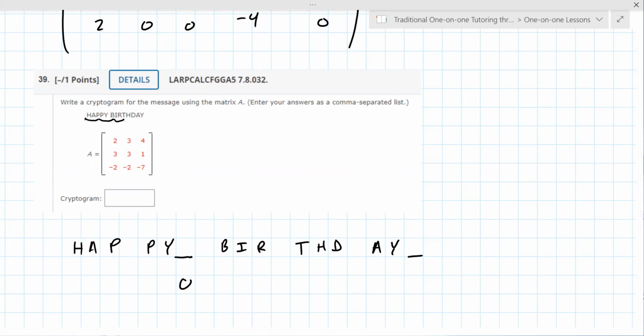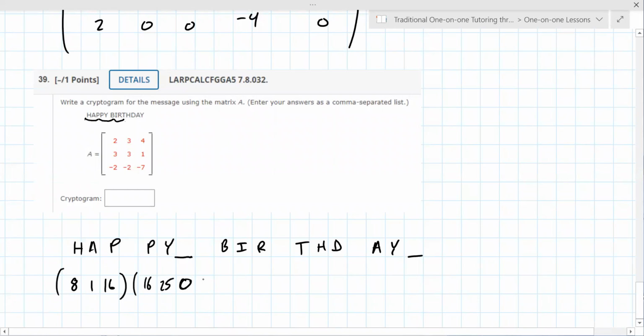So let me go find an alphabet by number. All right, so I'll save you the excitement here. H is 8, so we need 8. A is 1, P is 16, so that's one of them. And then P, we just have a 16, Y is 25, 0.